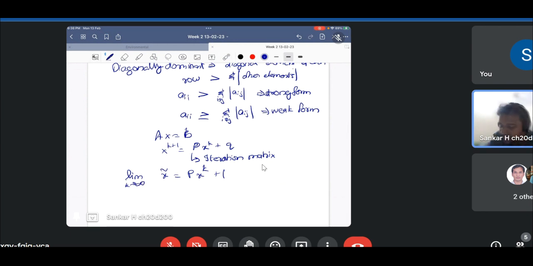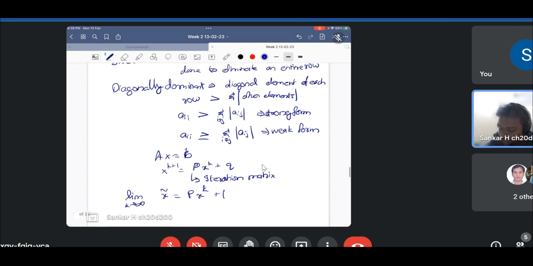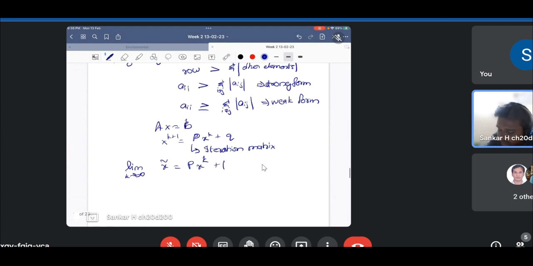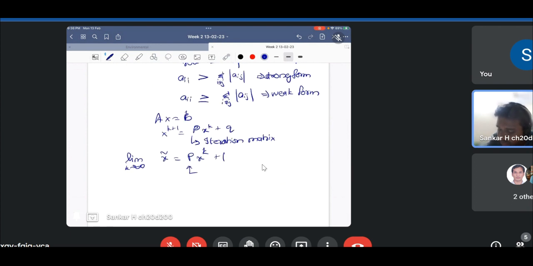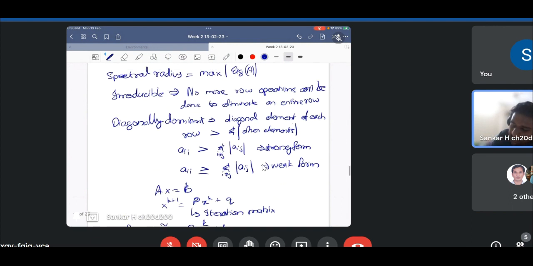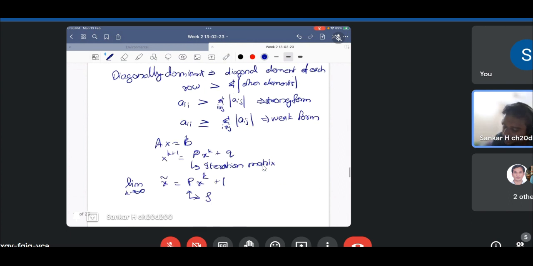So basically, the spectral radius of this iteration matrix, which is given by rho of P, should be less than 1.